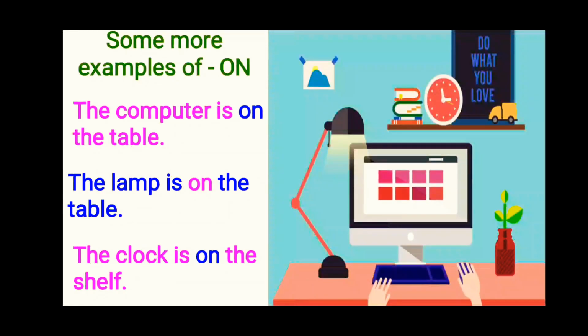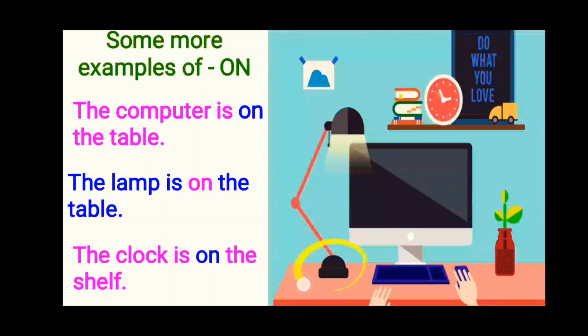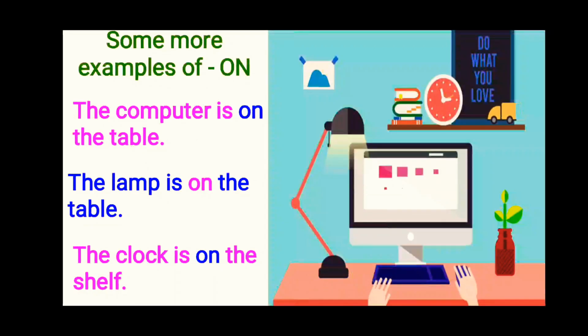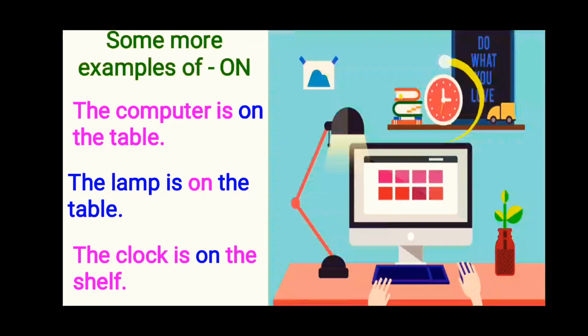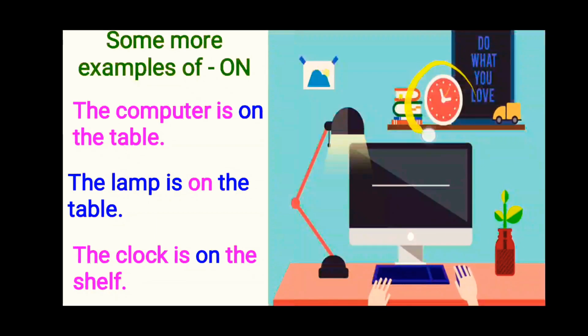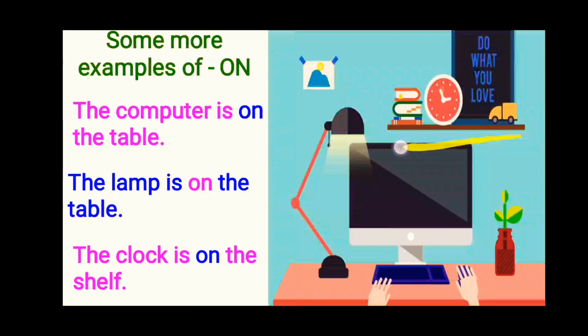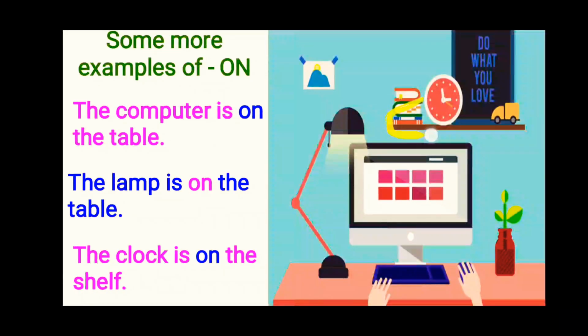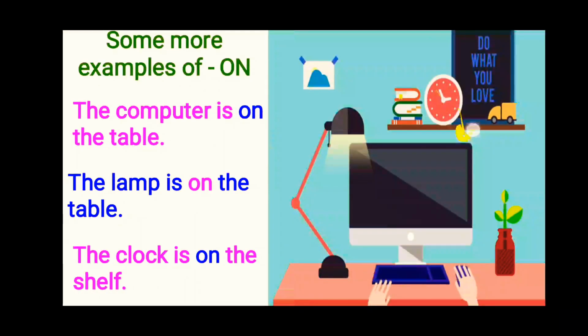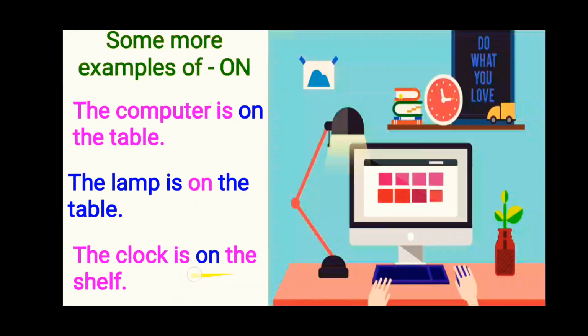Again in a similar way. Lamp is on the table. Now look at this clock. The clock is on the shelf. It is placed on top of the shelf and it is touching it. So the clock is on the shelf.